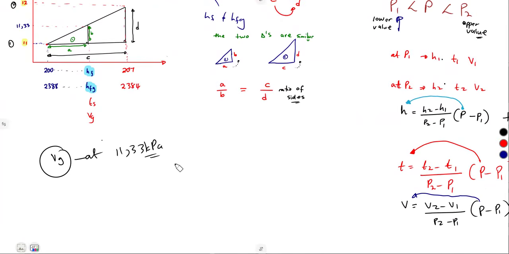So you're going to ask yourself, at V1, that is at the minimum pressure, what is the value of the volume there?